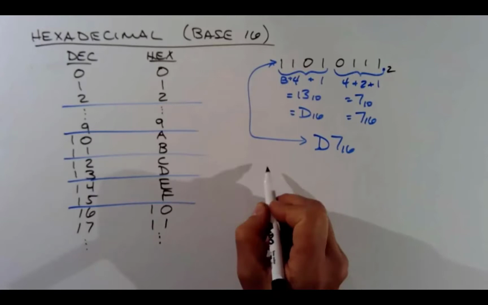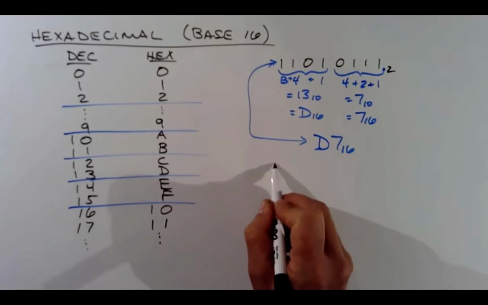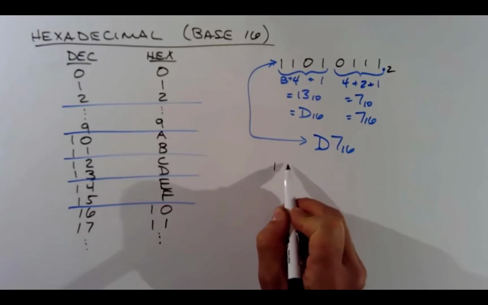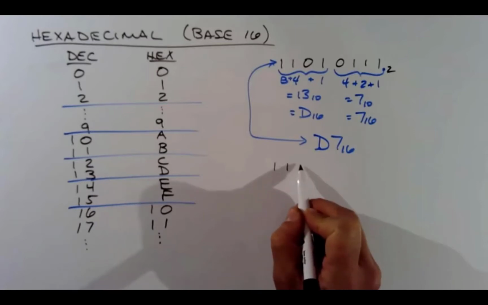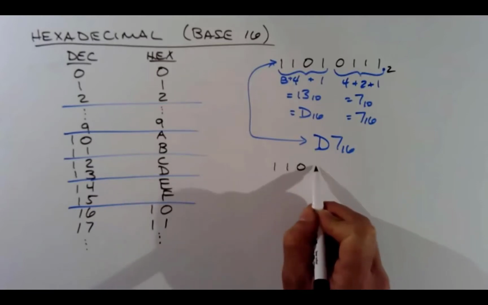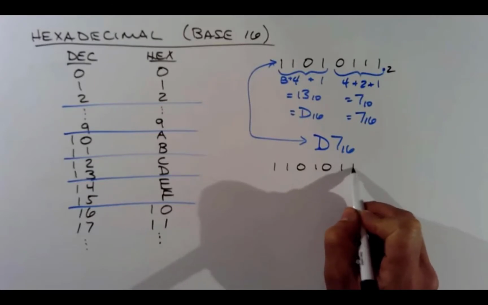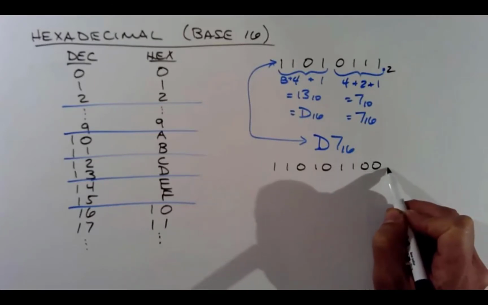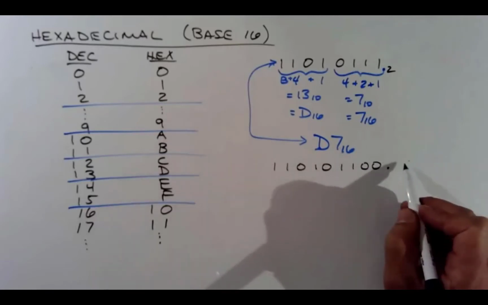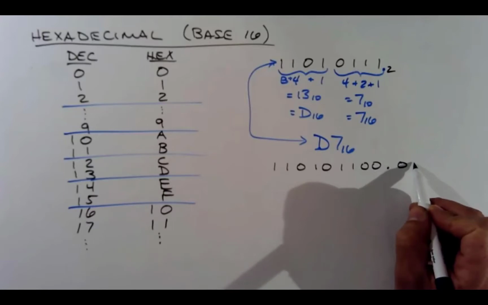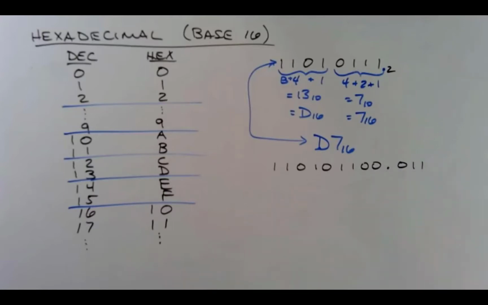Let's take another value. Let's say you have 1. Let's do 1 1 0 1 0 1 1 0 0 point 0 1 1.